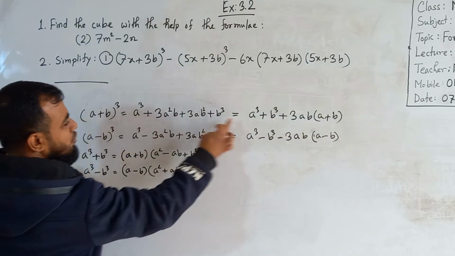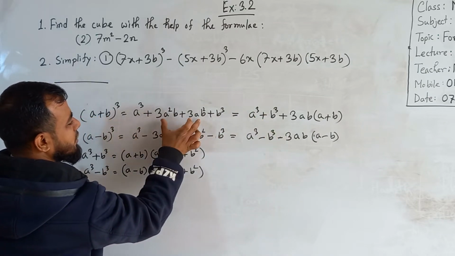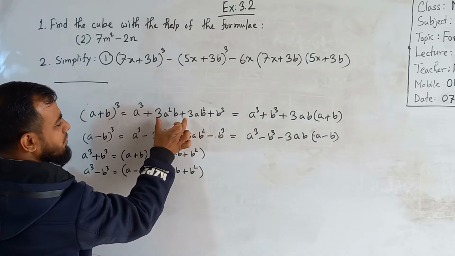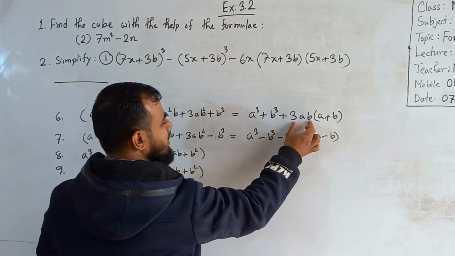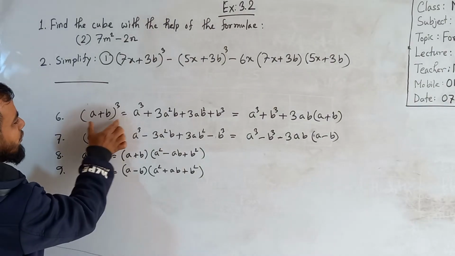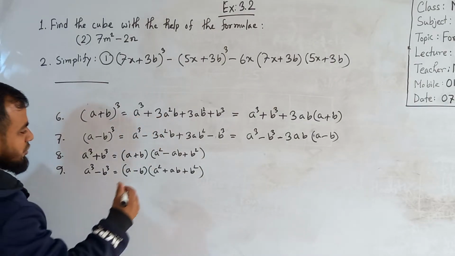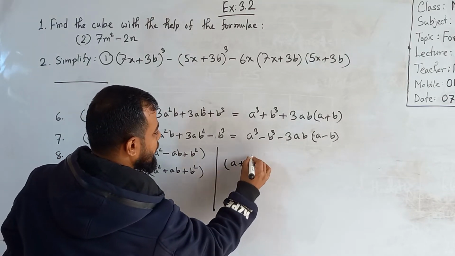We can write a cube plus b cube plus 3ab, which we take common from these two terms. If we take plus 3ab as common, there will be a and there will be b, so plus 3ab into (a+b). Now I am going to show you how this can be written. Here we have (a+b) whole cube.